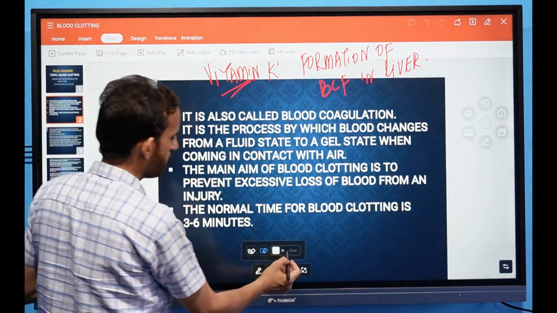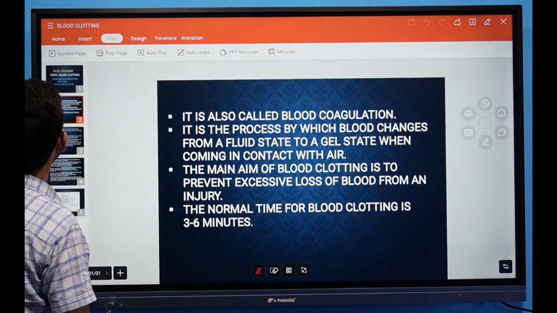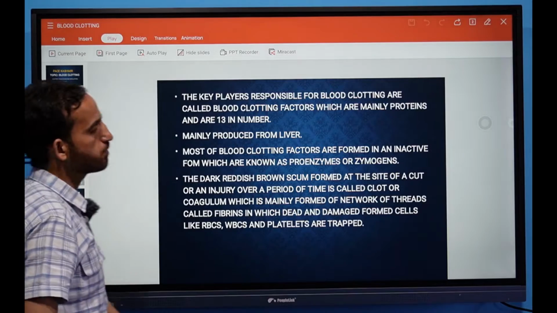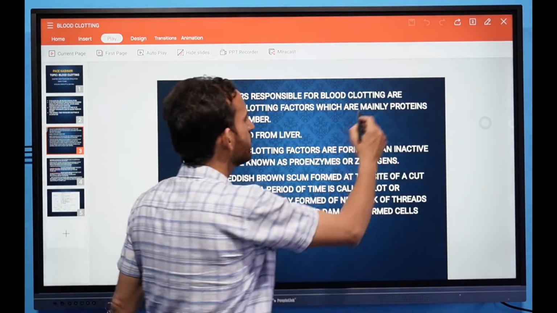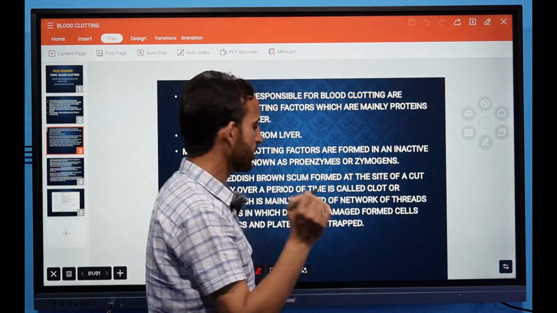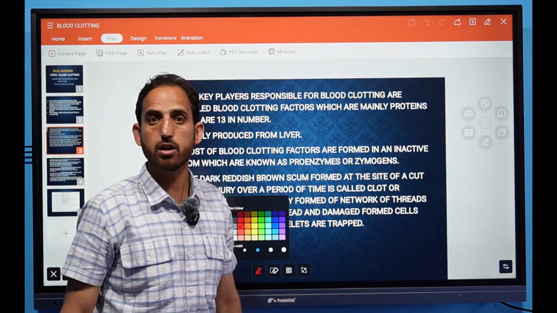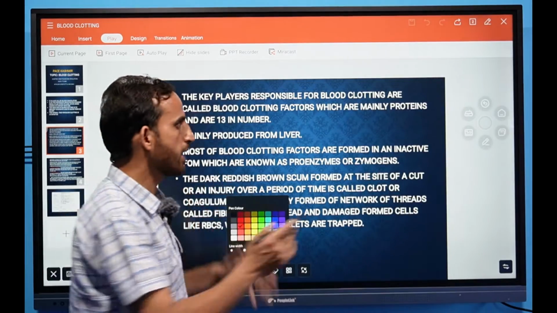Okay, now let us move ahead. If we look towards these blood clotting factors, as I told you, these are 13 in number, and all of them are synthesized in an inactive form, and that inactive form of the enzymes is called proenzymes. They are also called zymogens.